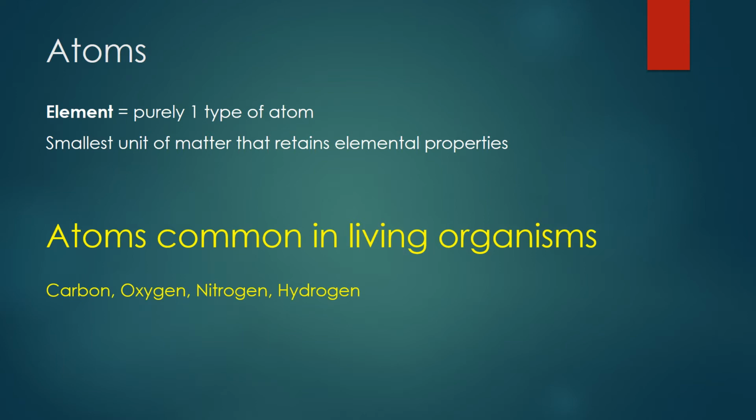Some atoms you may have heard of because they're common in all living organisms include carbon, oxygen, nitrogen, and hydrogen. These four atoms are put together in various combinations, in various size molecules to perform different functions in living organisms like the human body.